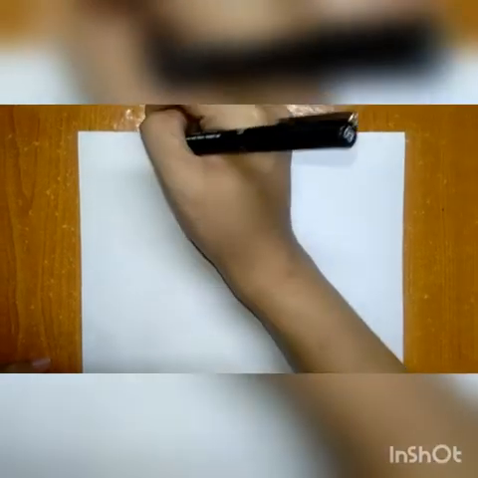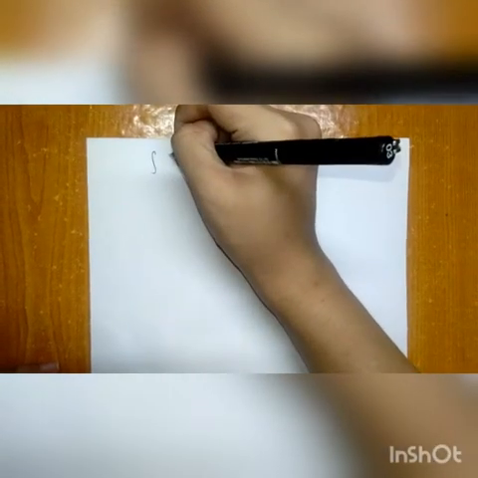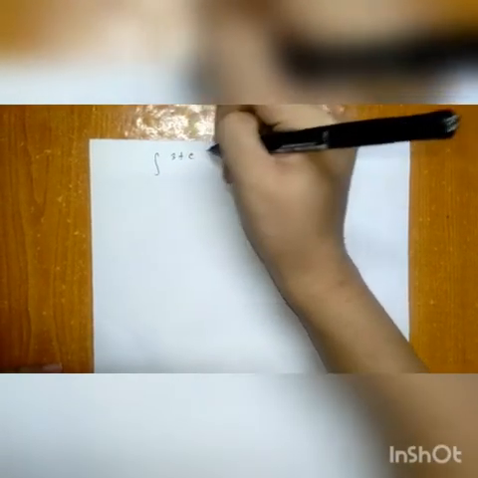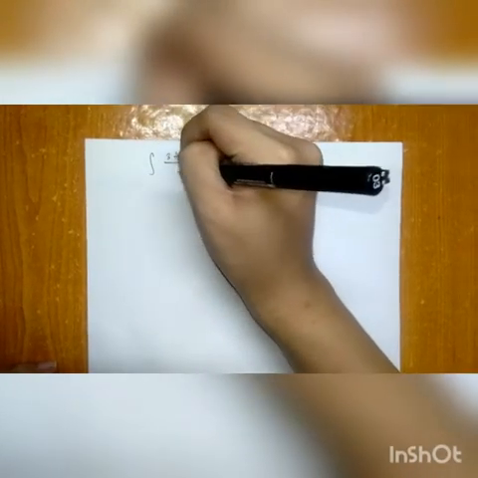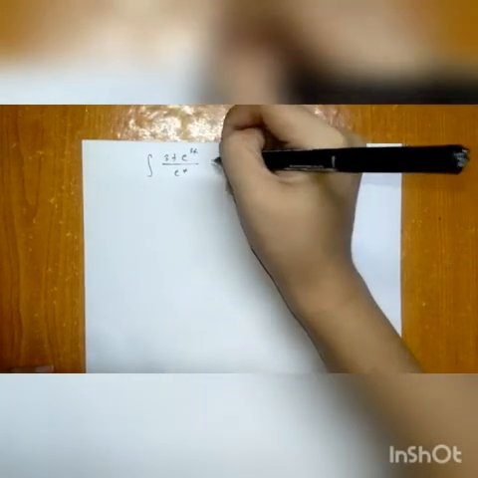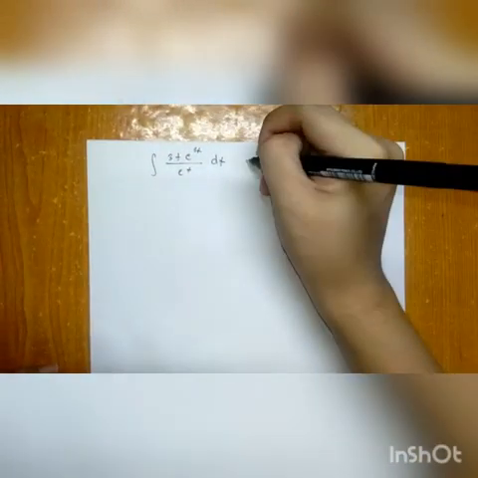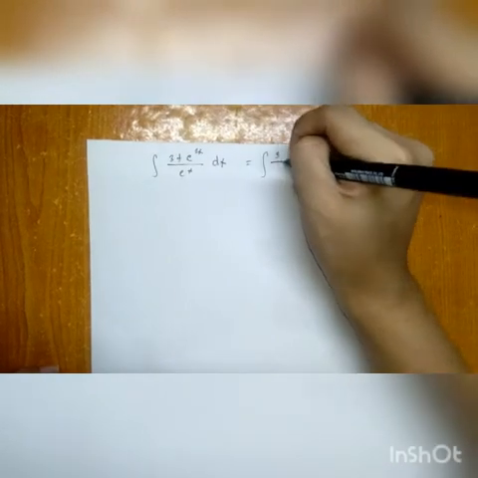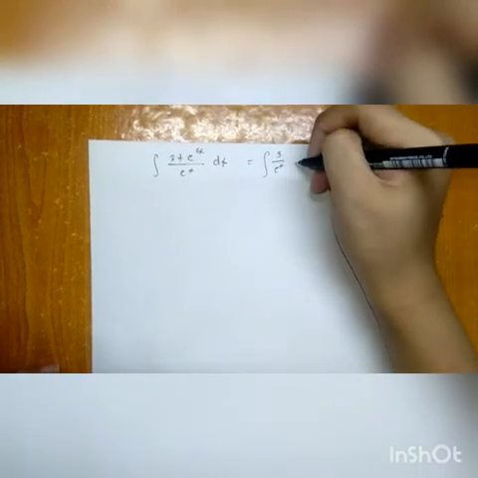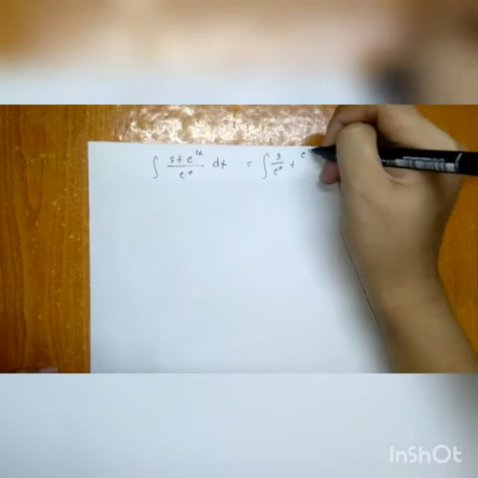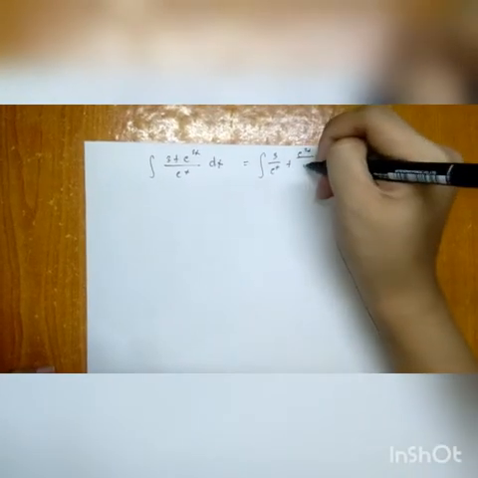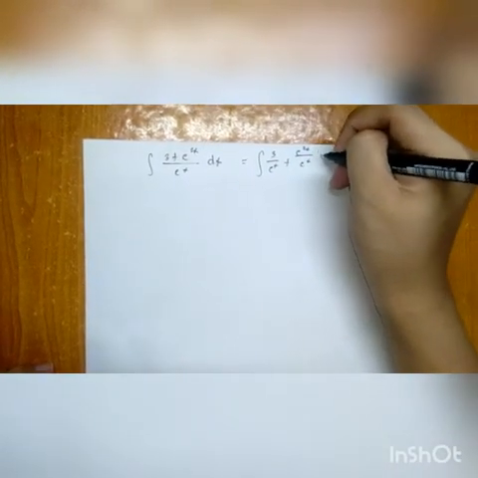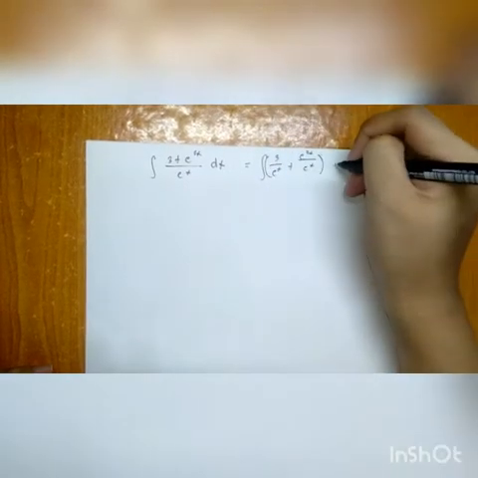Example number 2. The integral of 3 plus e raised to 2x over e raised to x dx. Since they have the same denominator, it can be like this: the integral of 3 over e raised to x plus e raised to 2x over e raised to x dx.